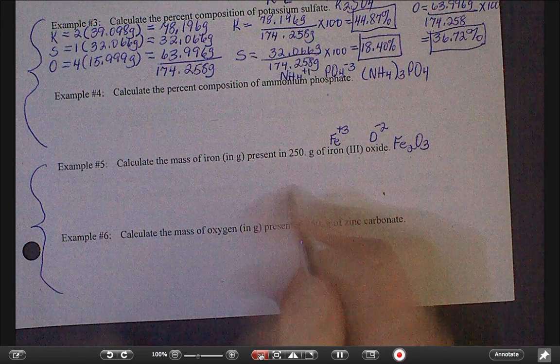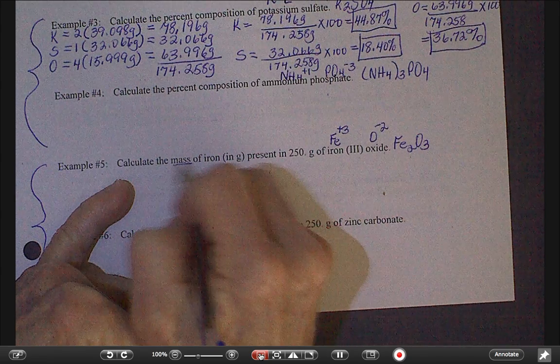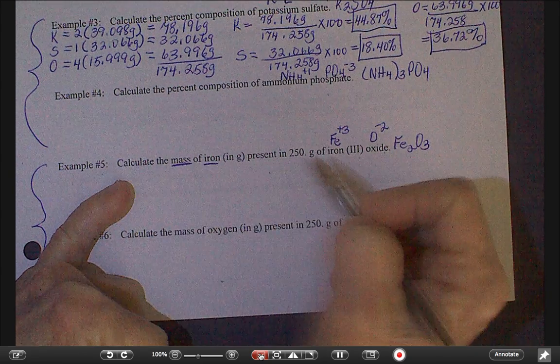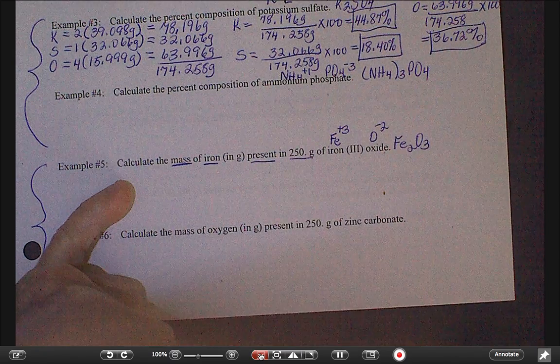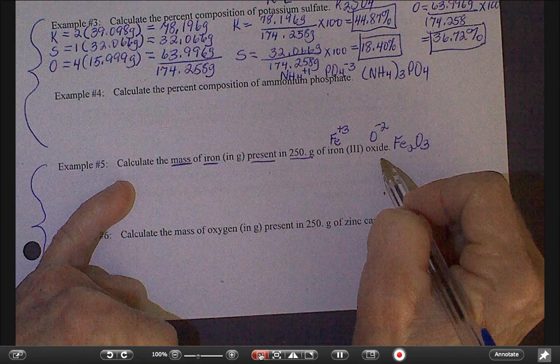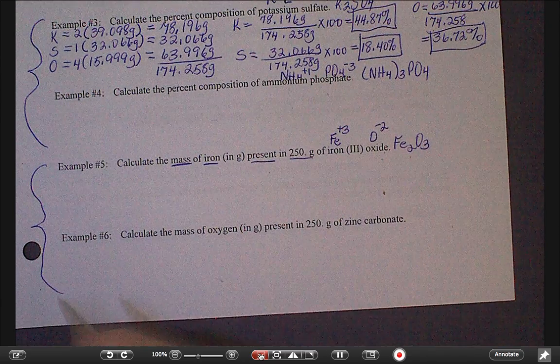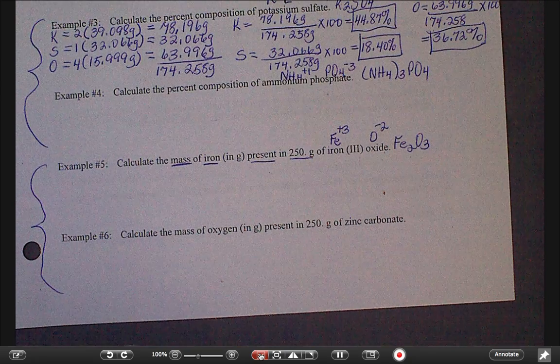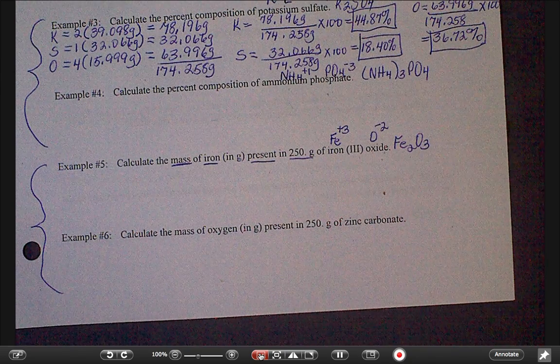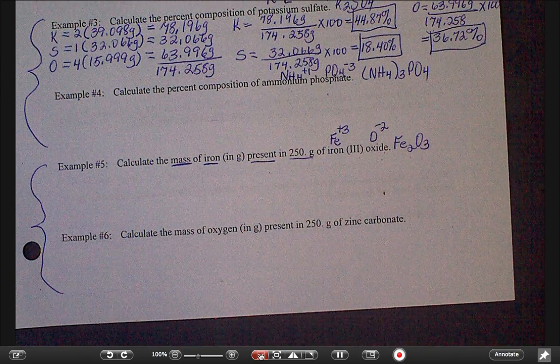All right. They are looking for the mass of iron present in 250 grams of iron oxide. All right. First thing that we have to do is get the total mass of iron oxide.